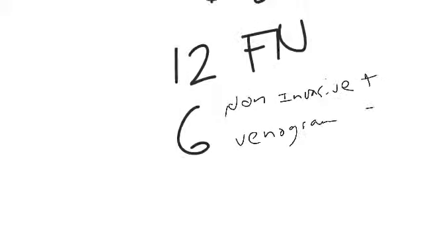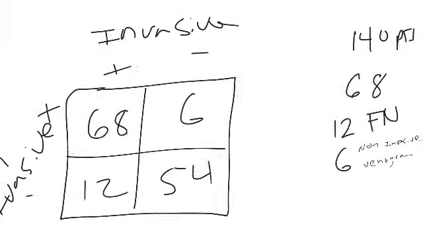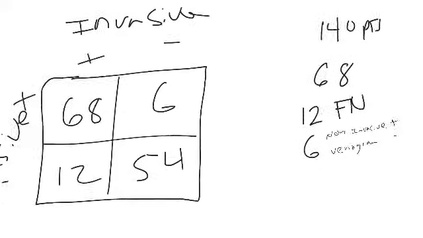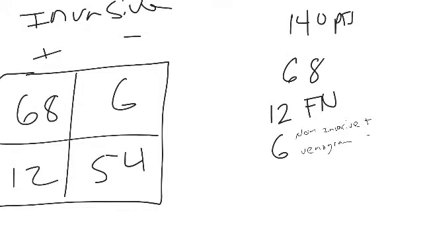That confuses me. Is venogram invasive? And then read the next one. In 6 cases, the non-invasive studies were positive, but the venogram was negative. That's what I just wrote.